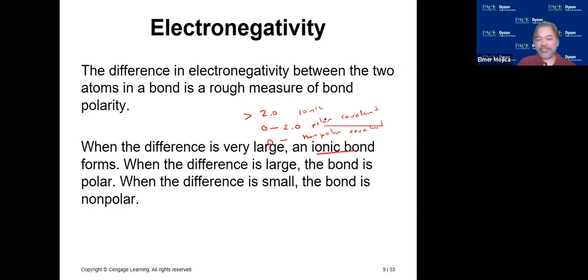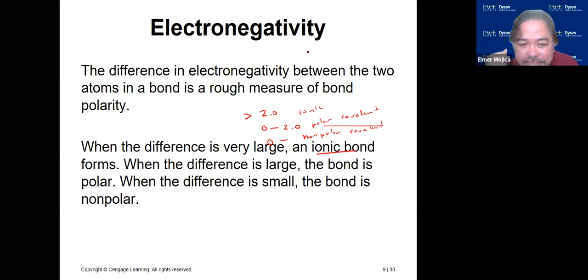So the difference in the electronegativity between the two atoms in a bond is a rough measure of bond polarity. Okay, so what does it mean? If we go with an ionic compound, what do we have in an ionic compound? Anyone? Yes, if it's more than 2, it's ionic. What do we have in an ionic compound?